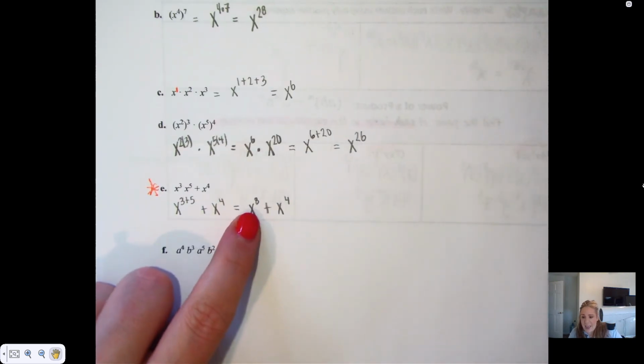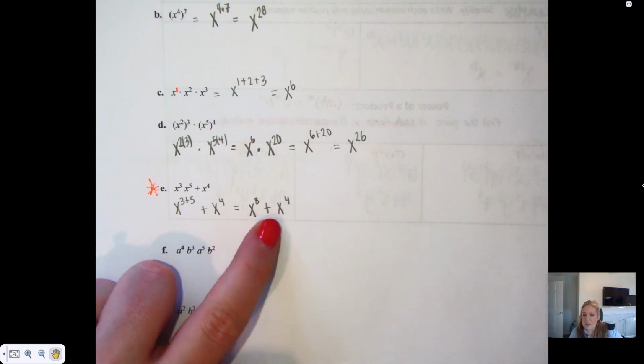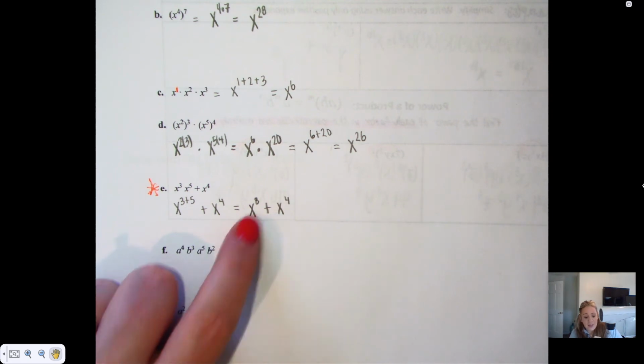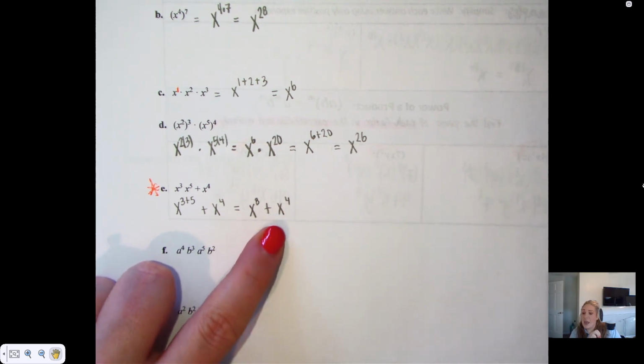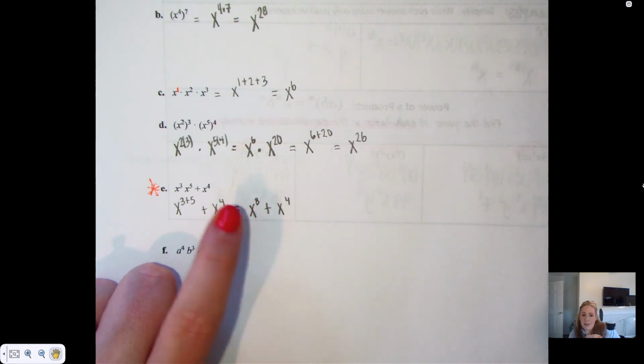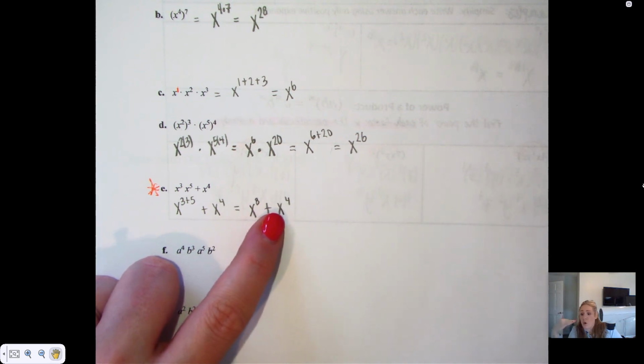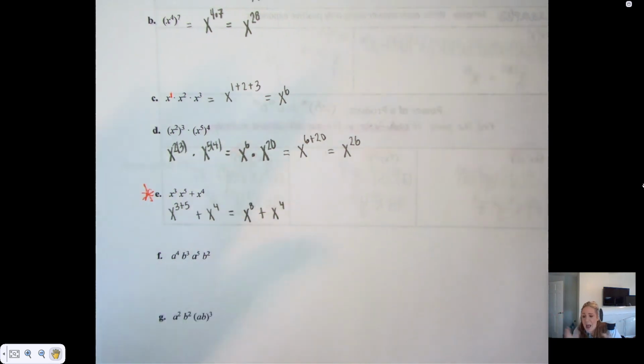X to the 8th and x to the 4th are not like terms. They are not the same thing, okay? Therefore, this is x to the 8th plus x to the 4th, okay? You cannot put those things together. Alrighty. So that's it. That would be our answer.